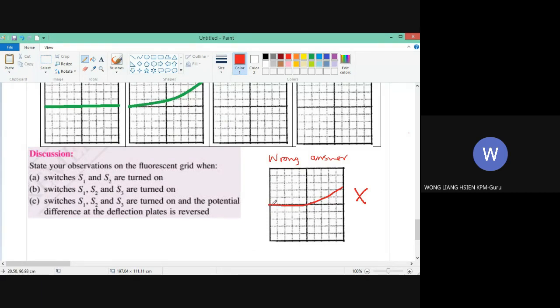Understand? You cannot go into the electric field and still go straight. This one is wrong.